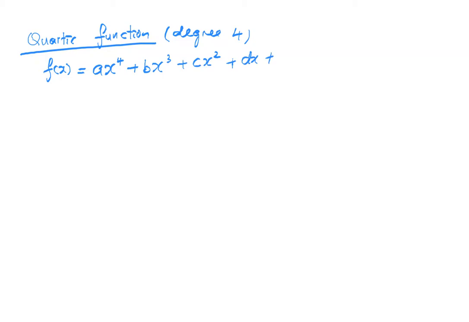A, B, C, D. Okay, we try not to use E. Do you know why? Can you tell me why? Because E represents a number. Correct? Like pi represents 22/7.